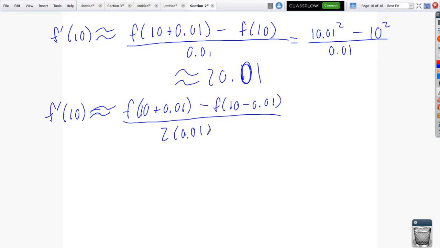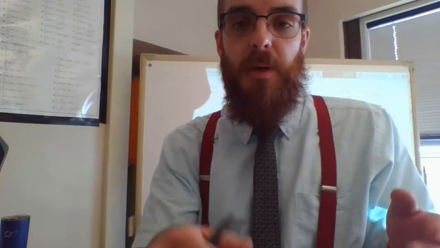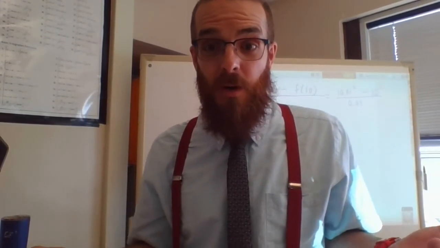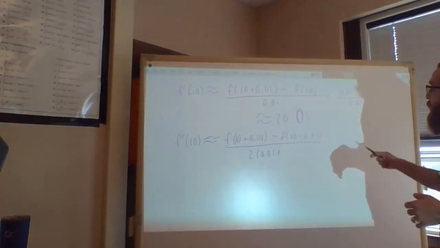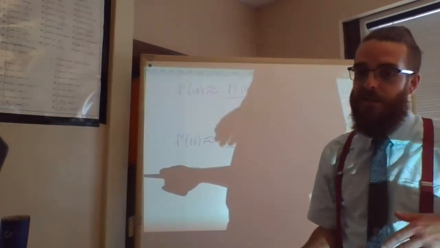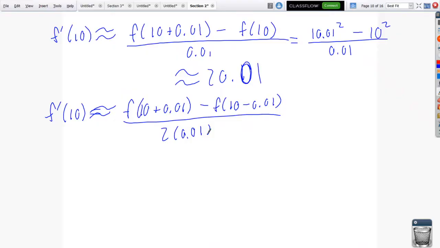And again, I'm using 0.01 simply because the book tells me to. I could go even closer than 0.01. The problem is if I go to 0.001, then I have to find out what 10.001 squared is. If I have technology, that's not too bad of a proposition.